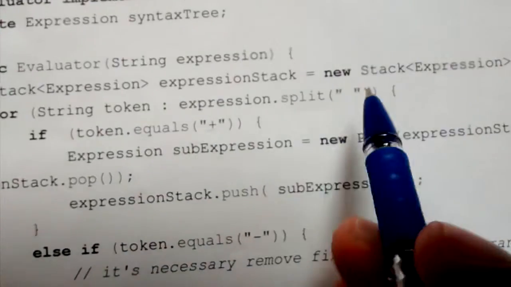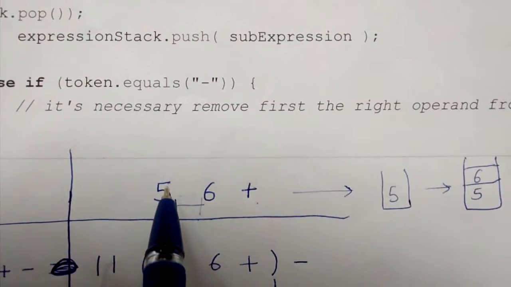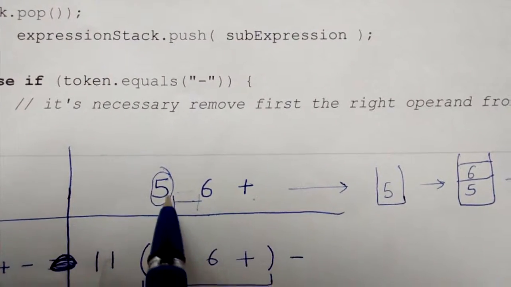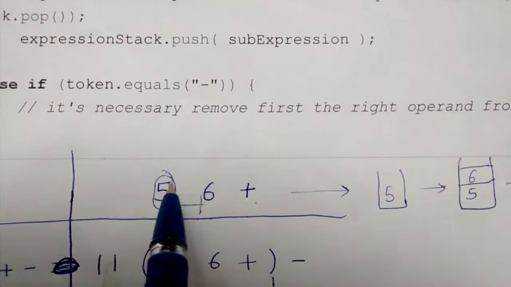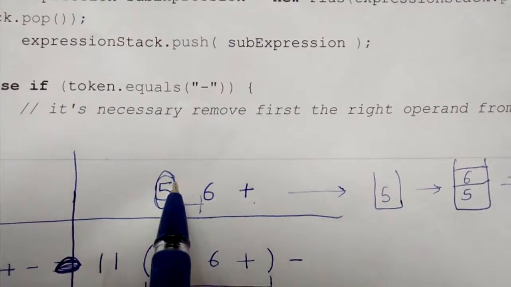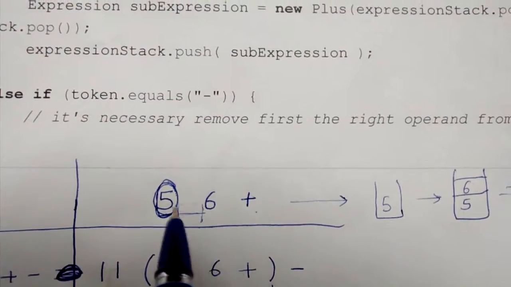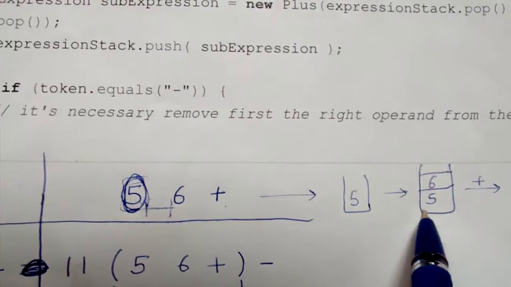So we are giving delimiter space. The various parts of the string will be split based on the separator or the delimiter space. So here we see a space, we get this string. So we separate out this 5, we push it into a stack.